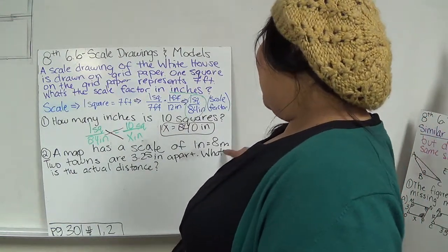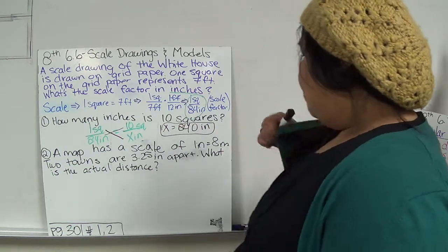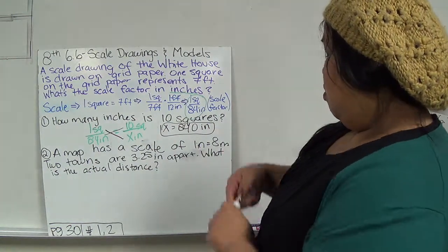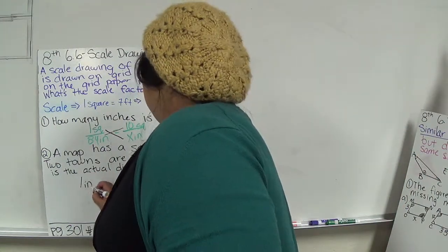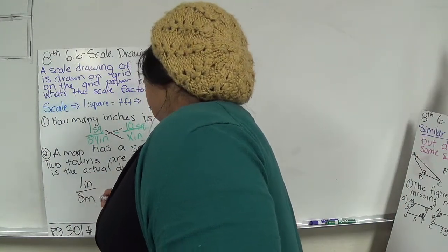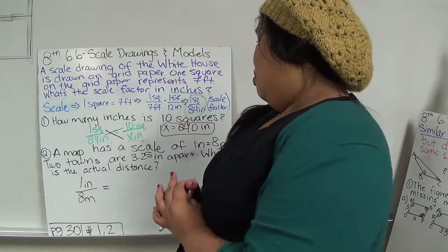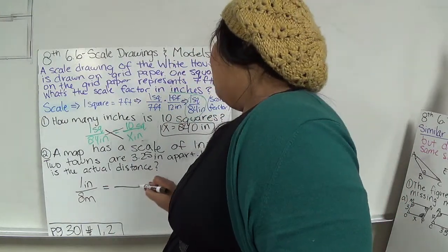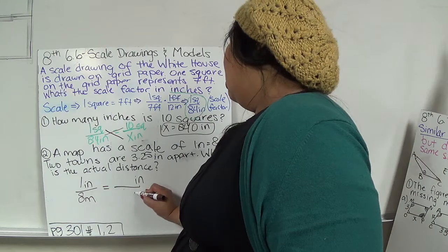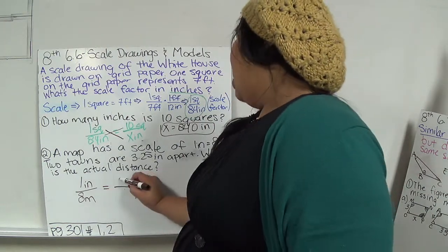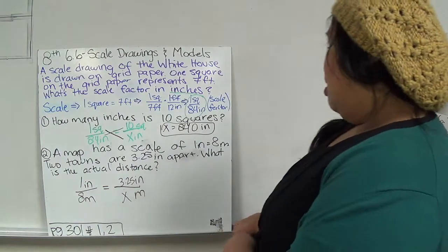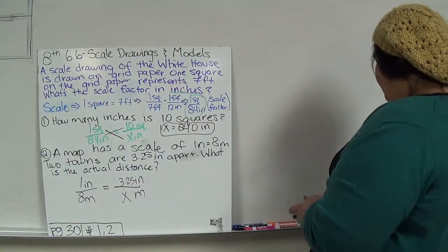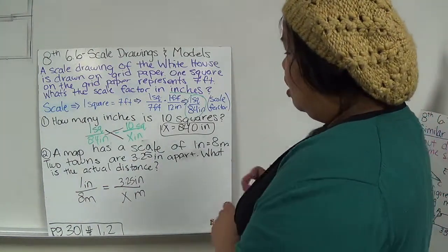So again I set it up, 1 inch over 8 meters, and I'm doing equal value. If I'm doing equal, I have to be consistent. Inches, meters. So it gives me 3.25 inches, and I'm trying to find out how many meters. Once I set it up, I cross multiply just like last section.